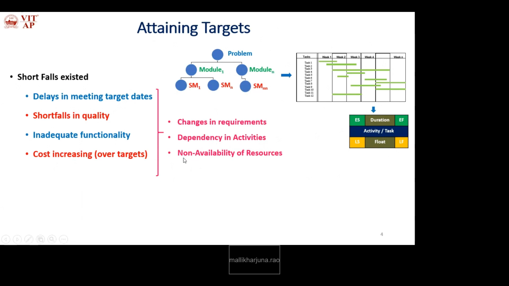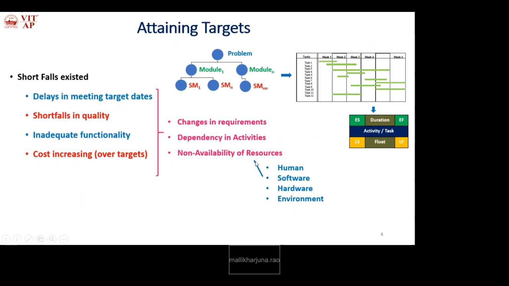Okay, so then non-availability of resources. As per the changes, we have to accommodate the resources. So what resources are required? Human resources, that is software technical professionals, and the software resources, hardware resources, and environmental factors. So we have to supply all this as per the changes. Okay.